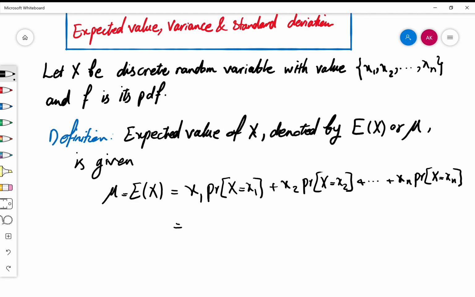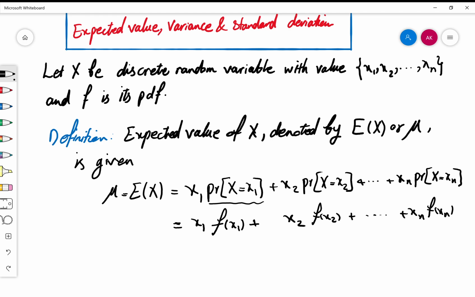In other words, the probability of X being equal to x1 is the value of the PDF at x1, the PDF at x2, and the PDF at xn. So x1 multiplied by f(x1), added to x2 multiplied by f(x2), continuing up to xn multiplied by f(xn).